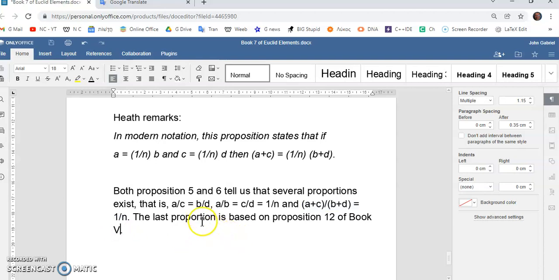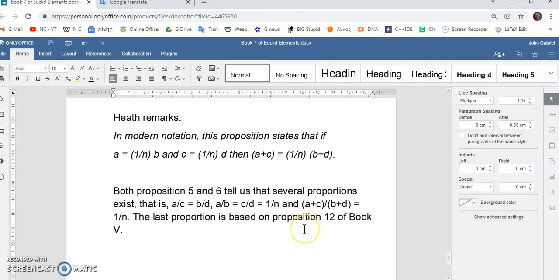Now, as I've told you before, the transition to number happens from book 5, okay? A lot of these things you'll see in book 7 again, even though they've been covered. Some of them have even been covered in book 2.